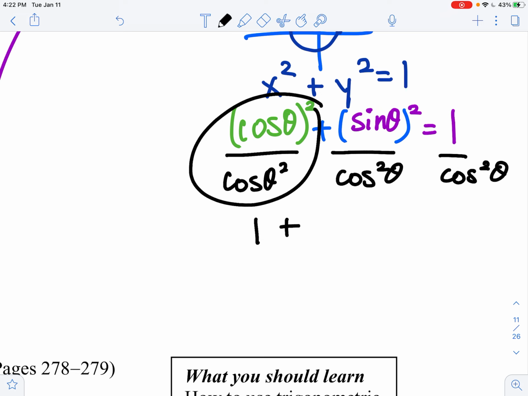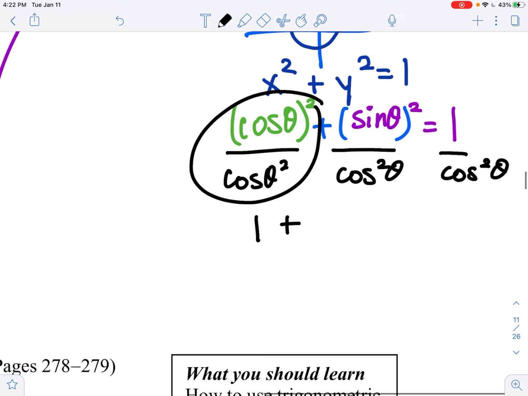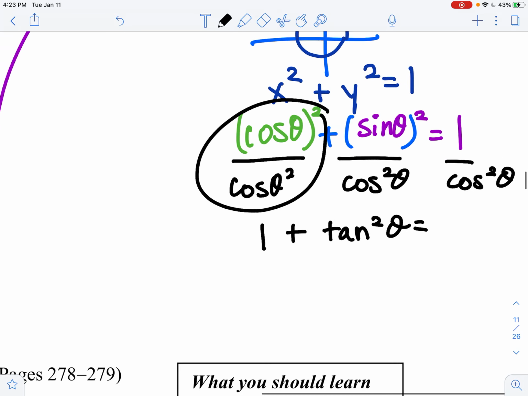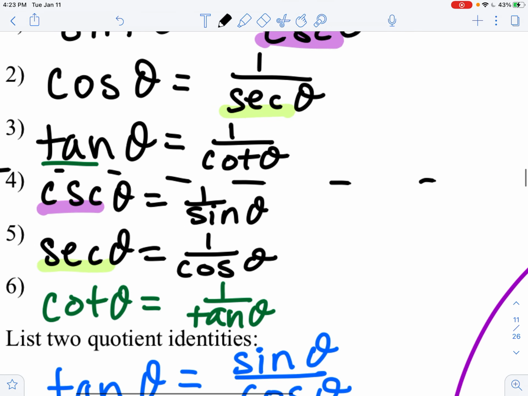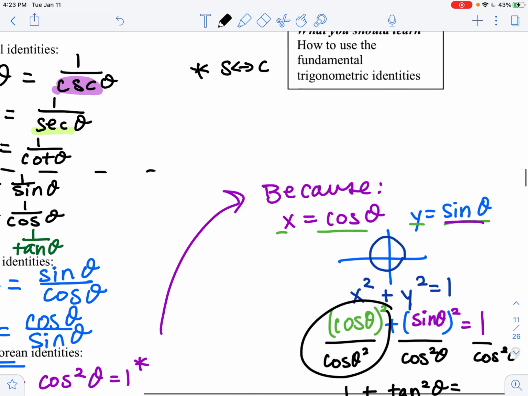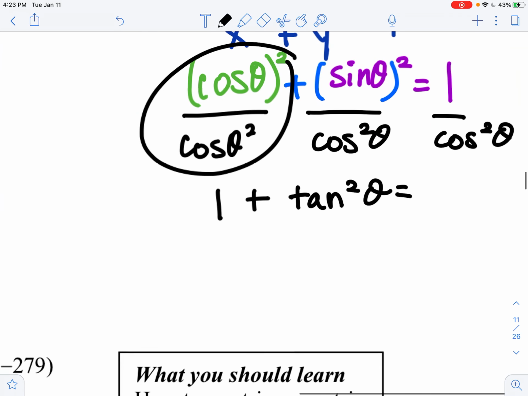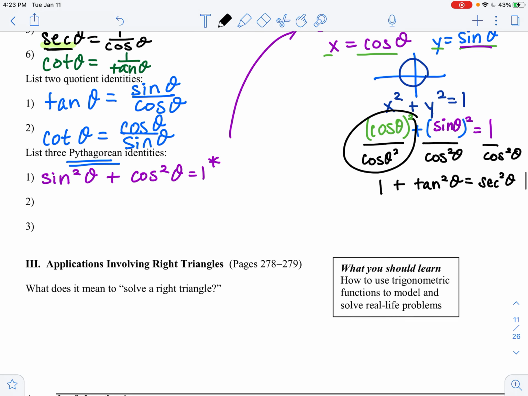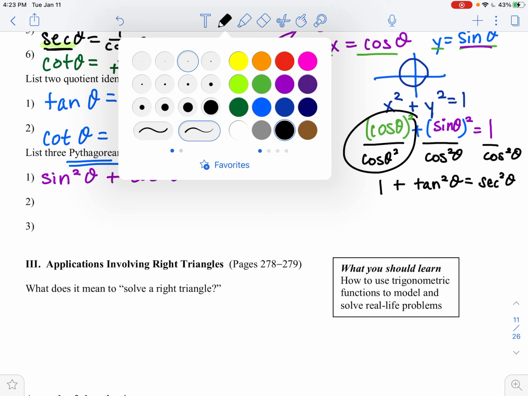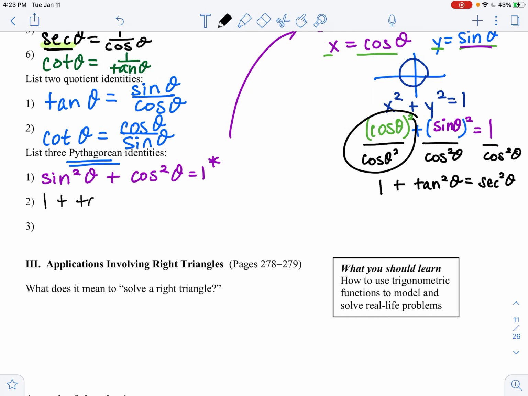Sine squared over cosine squared, because sine over cosine is tangent, is tangent squared, and 1 over cosine is equivalent to secant. So 1 over cosine squared is secant squared theta. So that's one of our other Pythagorean identities: 1 plus tangent squared theta equals secant squared theta.